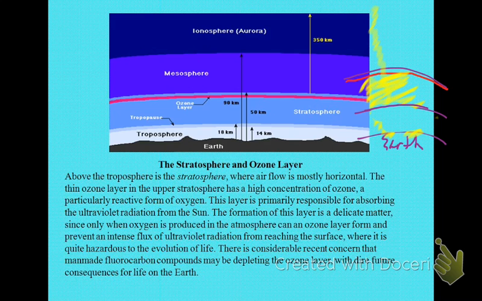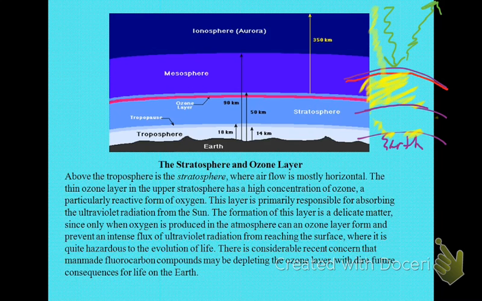It's allowing some radiation in to keep us warm, but it's also creating a barrier from the bad radiation coming from the sun, which gets blocked and goes back out into space again. So we need ozone, we just need it up in the air. We don't want it in the form of smog.